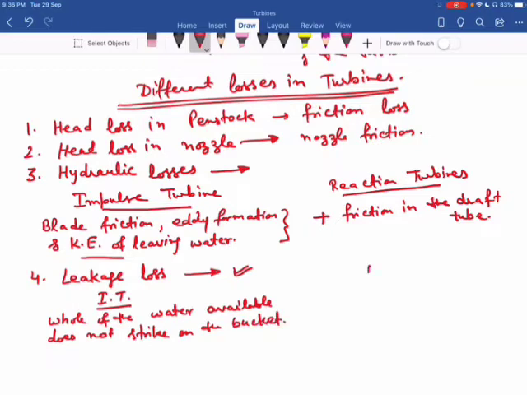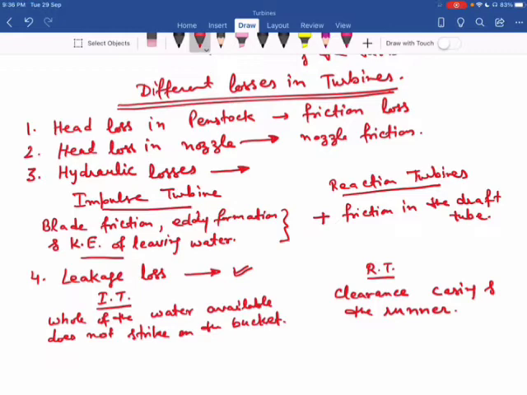Okay. Now, in case of reaction turbines, some of the water may be passing through the clearance between the casing and the runner. There is some gap between the casing and the runner, that is the clearance.